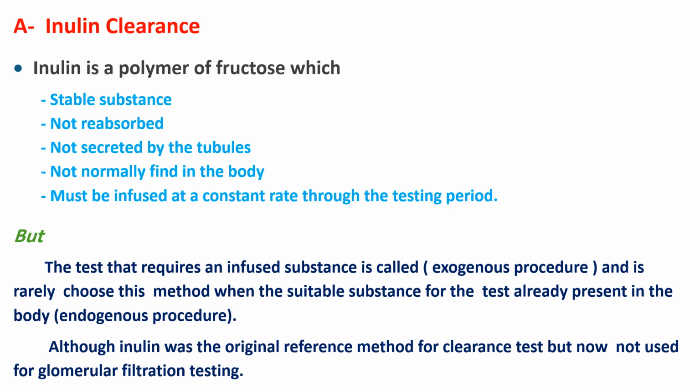A test that requires an infused substance is called an exogenous procedure and is rarely chosen when a suitable substance for the test is already present in the body, an endogenous procedure. Although inulin was the original reference method for a clearance test, it is now not used for glomerular filtration tests.